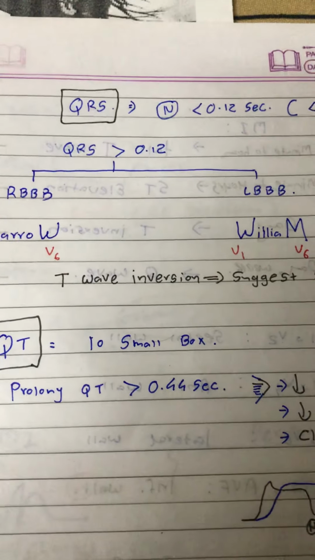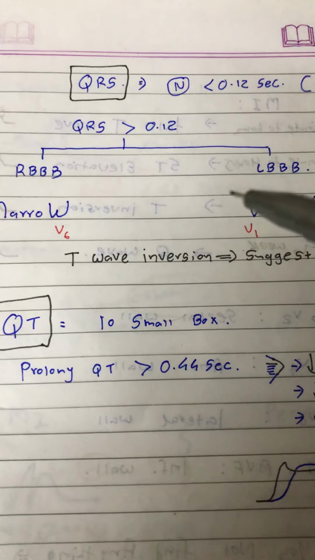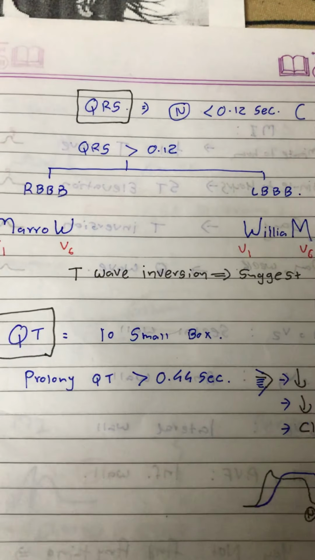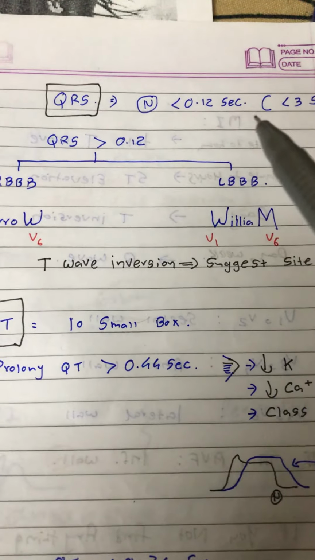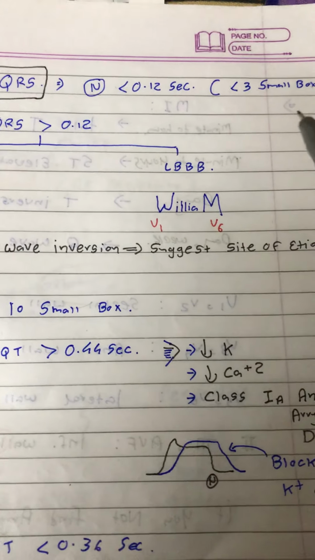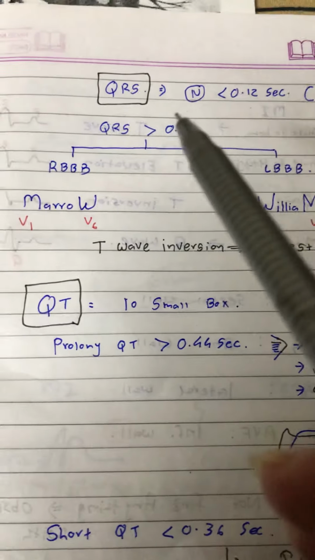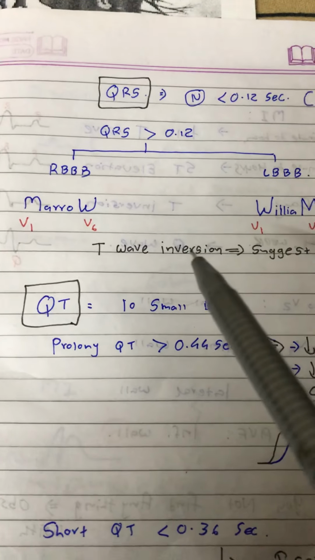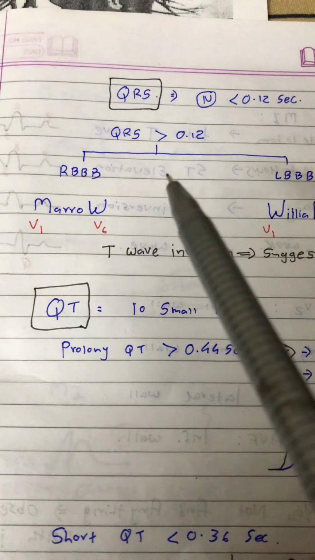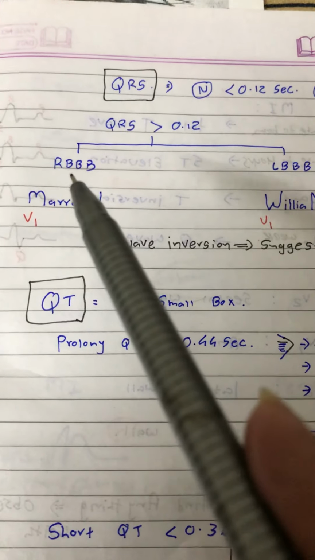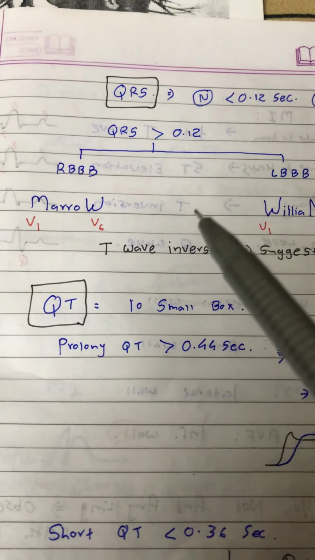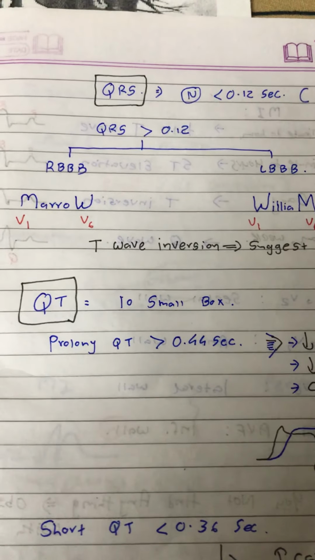Now after P wave and PR interval we focus on QRS. Normal QRS is less than 0.12 second, meaning less than 3 small boxes. If QRS is more than 0.12, then it may be RBBB or LBBB, meaning right bundle branch block or left bundle branch block.